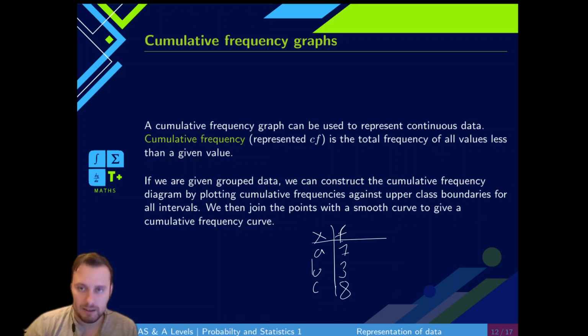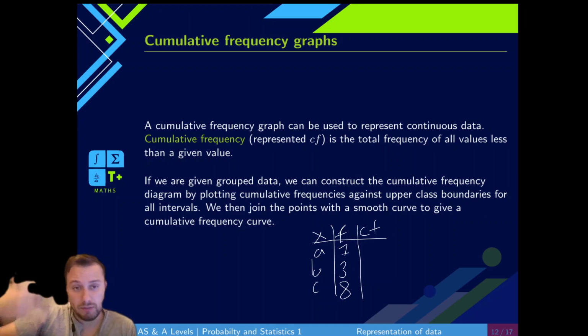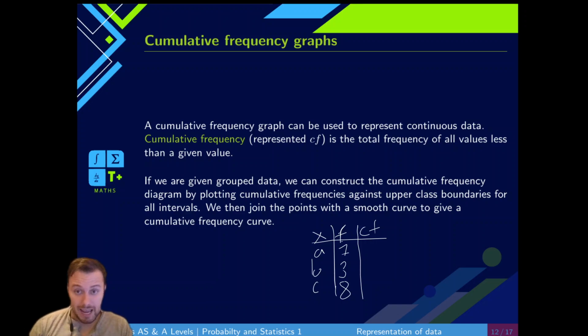Cumulative frequency is the value of the frequency up to the value that we are at. So we're going to consider previous values. For the first value a, the only frequency we have so far is the one of a, so it's going to be 7 as well.